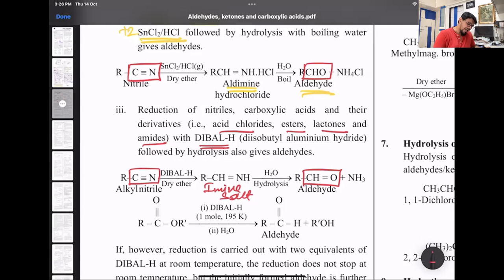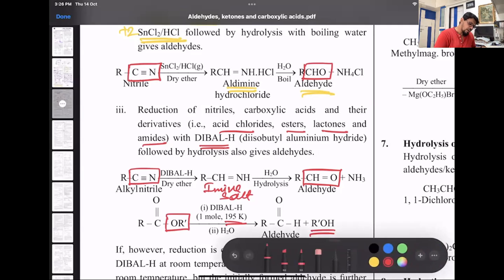So when you react an ester with DIBAL-H precisely at 195 Kelvin with 1 mole of DIBAL-H, then OR dash is basically nothing but your alkoxy group, which comes from the respective alcohol. So if it comes from alcohol, that reduces back as alcohol.